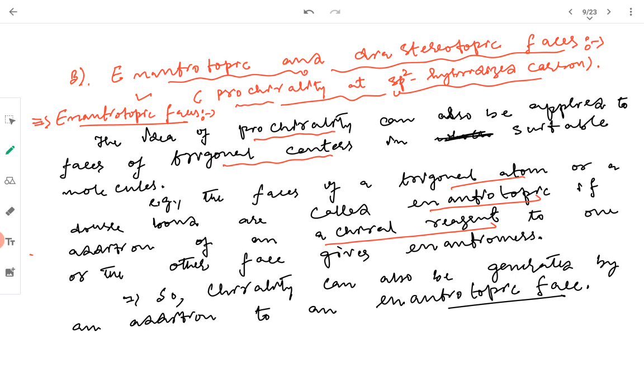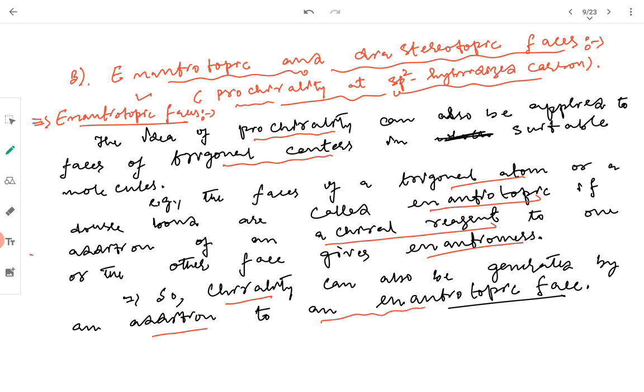Enantiotopic phases are those phases where, if we add some achiral reagent to these phases one by one in separate steps, and in doing so adding the achiral reagent to the different phases gives enantiomers, then we call those phases enantiotopic phases, right? So chirality can also be generated by addition to an enantiotopic phase.